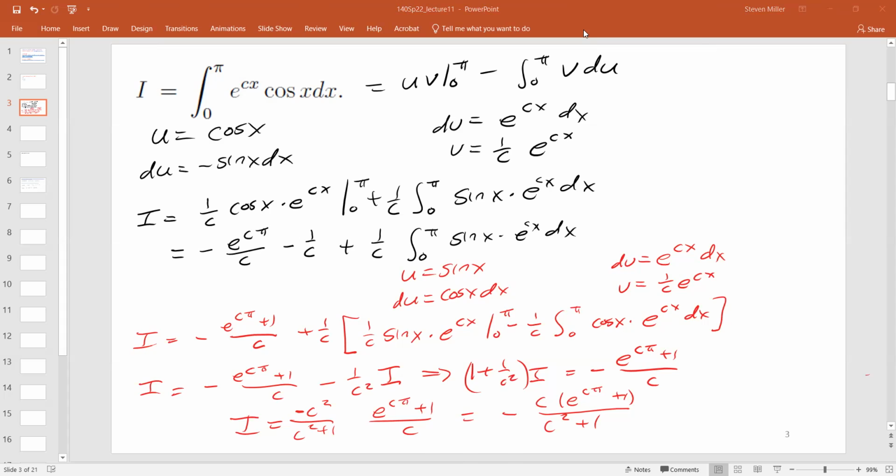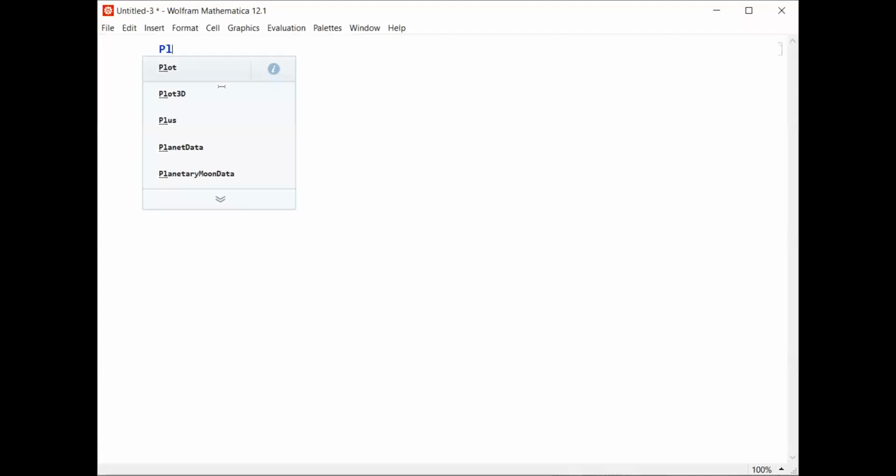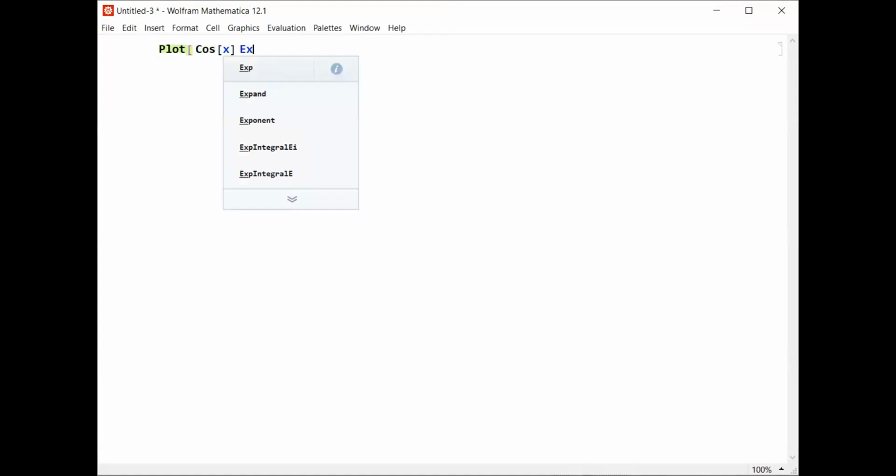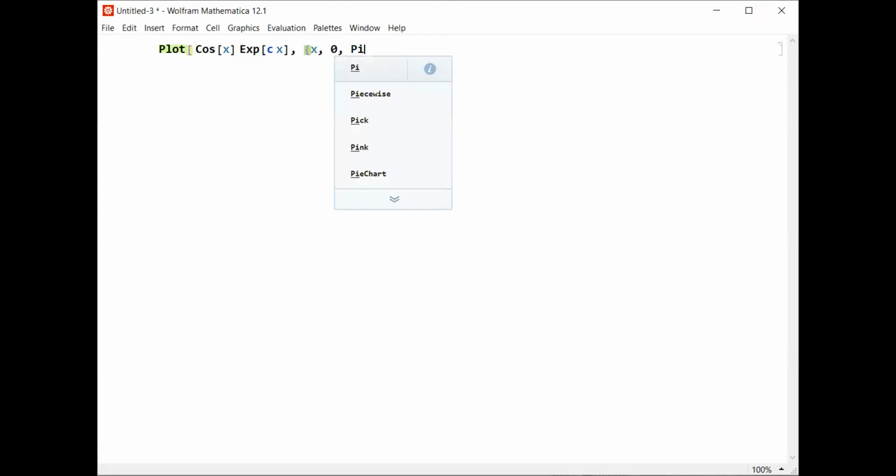As always, one of the things I really want us to do is start getting comfortable doing calculations. So let's plot x from 0. Now, of course, one of the problems is we need to choose what value of c we want to see.